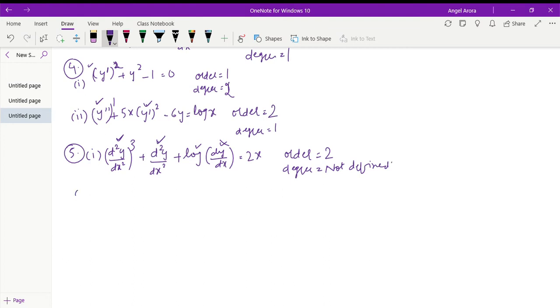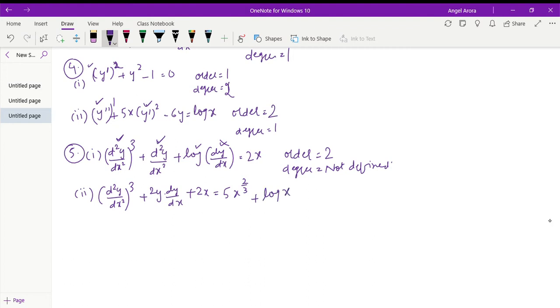Second part of fifth question. d squared y upon dx squared cubed plus 2y dy upon dx plus 2x is equal to 5x to the 2/3 plus log x.